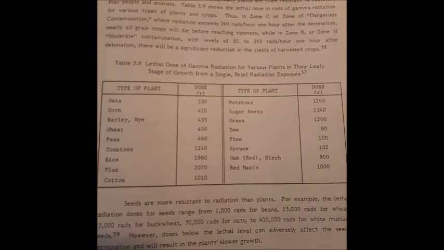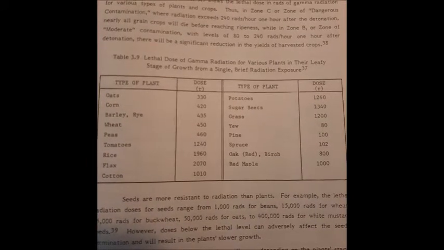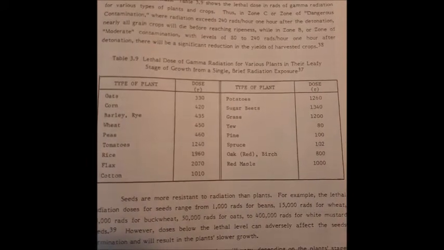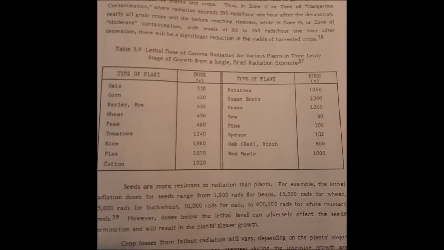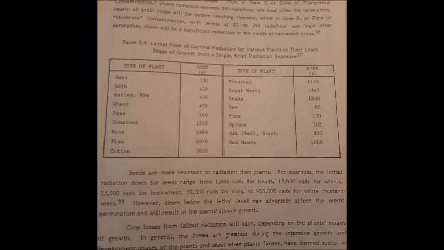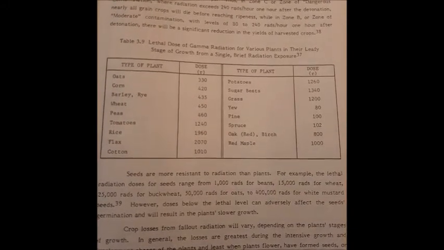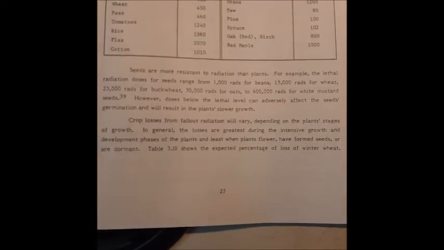This table shows lethal dose of gamma radiation for various plants. Okay, and this is at the stage where their leaves are out. So this is the lethal dose. You would use it on the last chart I showed you to show you what kind of different conditions you would have. Now this bottom paragraph is very interesting.